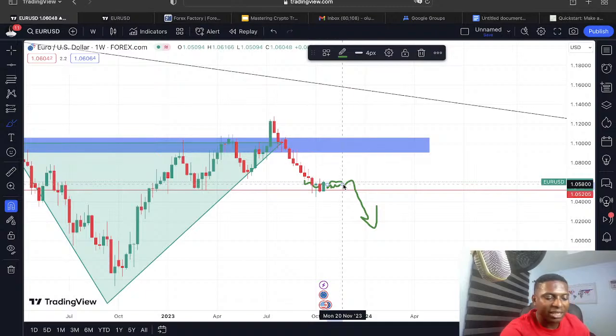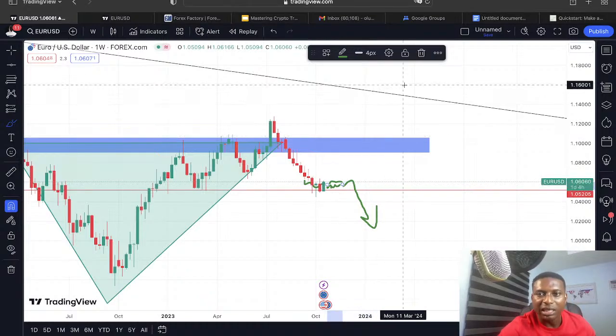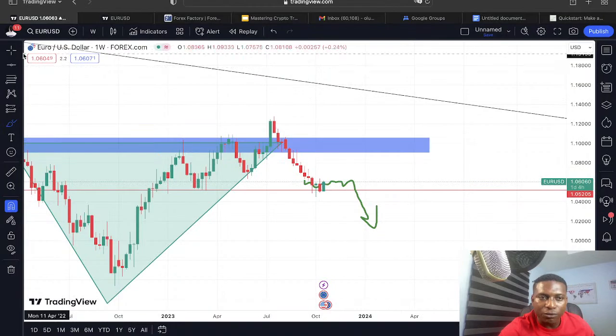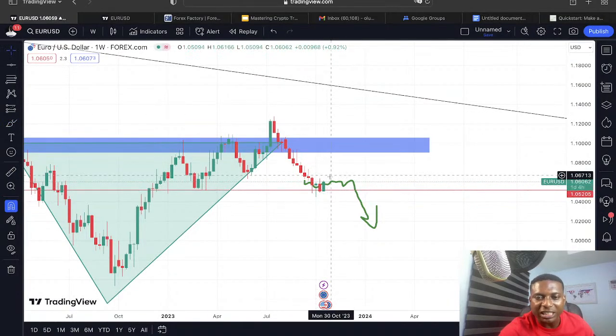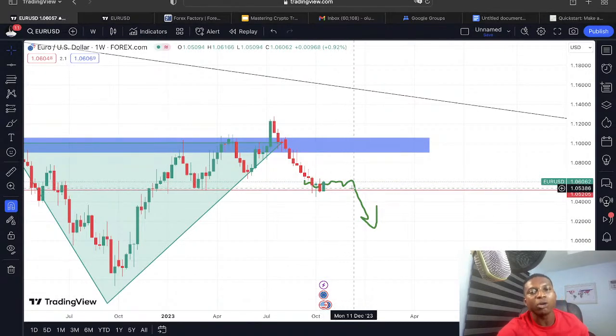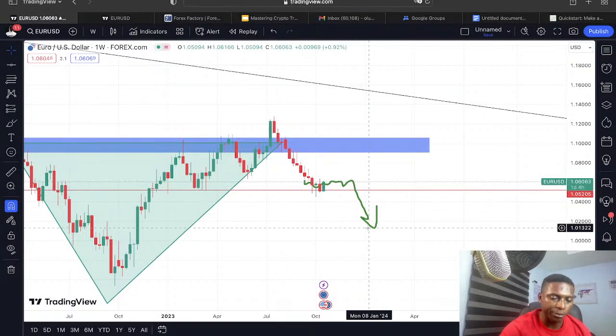So when price keeps consolidating at this level it becomes weaker and weaker. It is weak to keep holding it, and what happens? There will be a continuous fall in price.